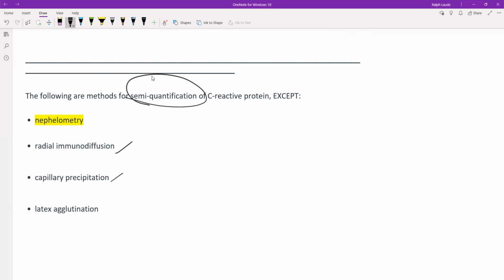Capillary precipitation, although it is in the tube, to determine the approximate amount of CRP, you are still going to perform titers, so you perform serial dilution. And latex agglutination are all semi-quantification. So nephelometry is actually the quantitative measurement of CRP.